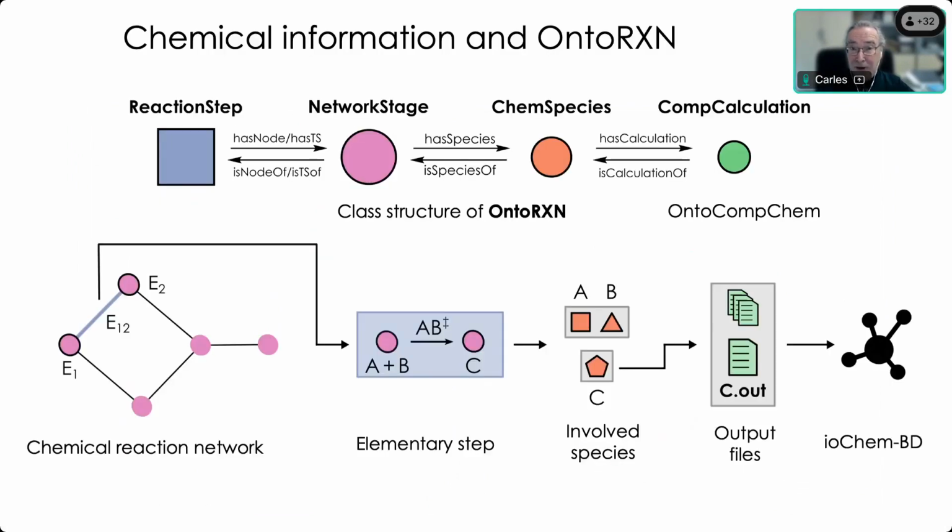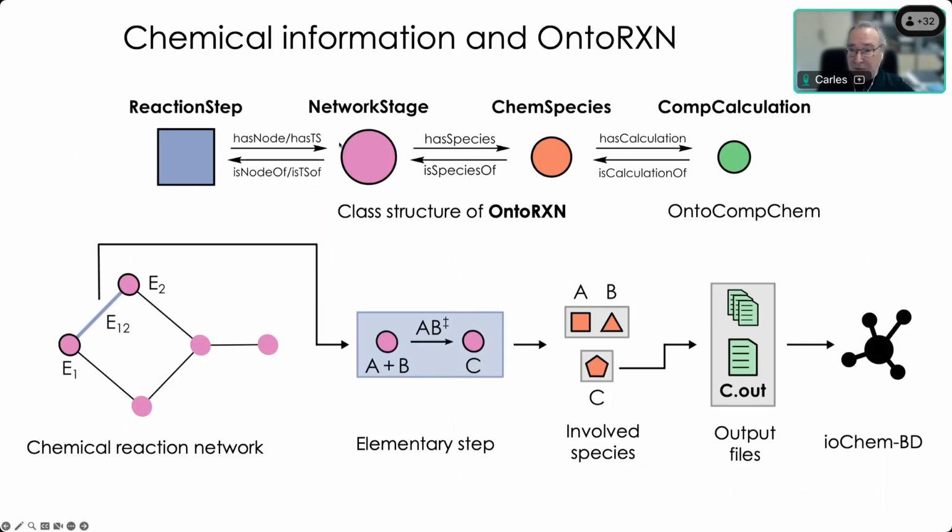So we defined what is called OntoRXN, which is a very simple ontology, and it's not intended to answer very complex semantic questions, but we find it's the way to connect the individual computational calculations with a reaction mechanism.